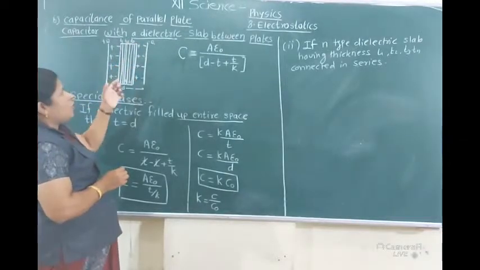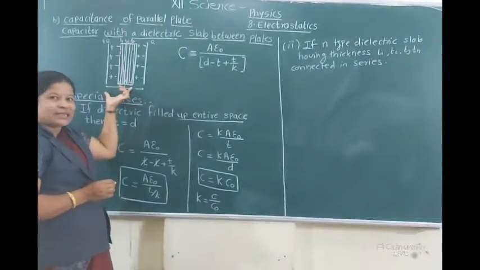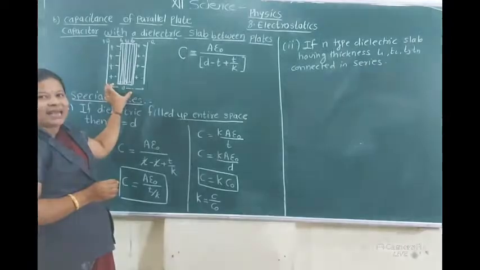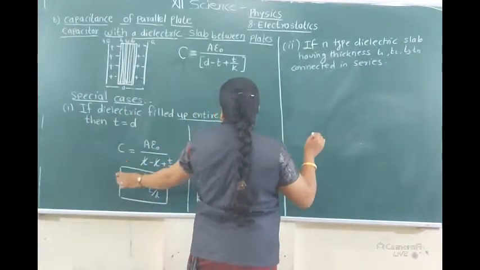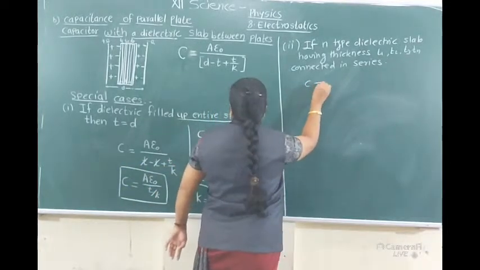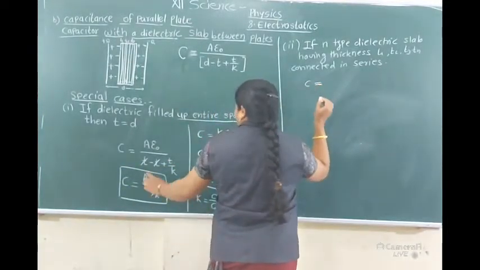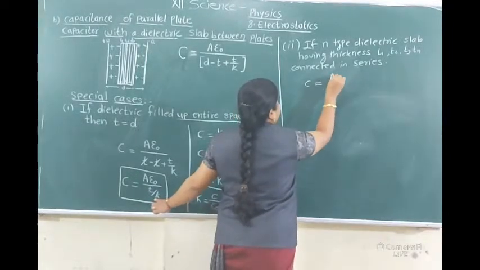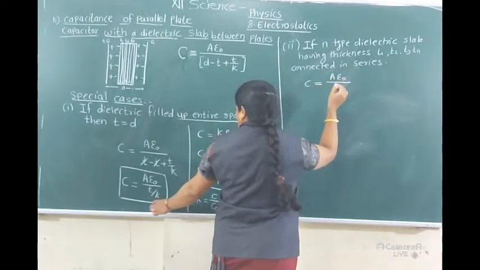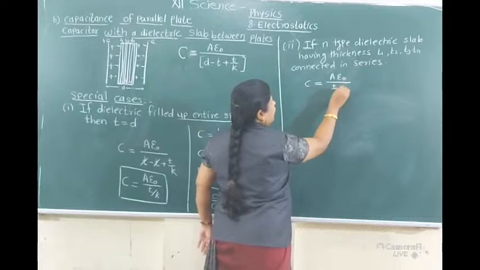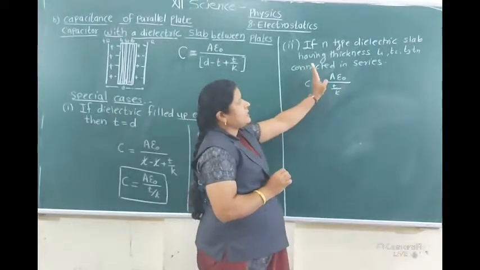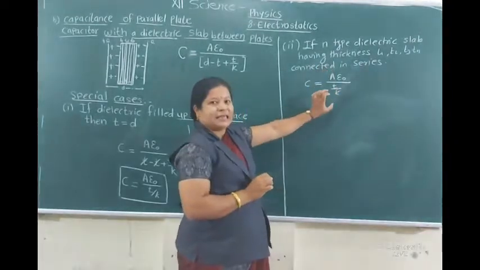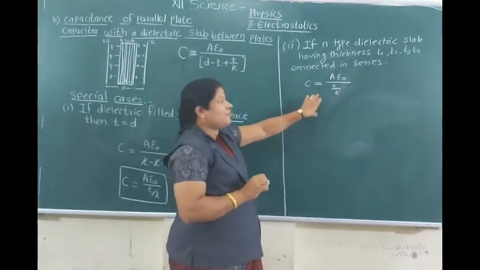Then what is the formula for the capacitance of these two parallel plates? We get the formula C is equal to A epsilon 0 divided by T divided by K. Now we place different thicknesses in between these two parallel plates.